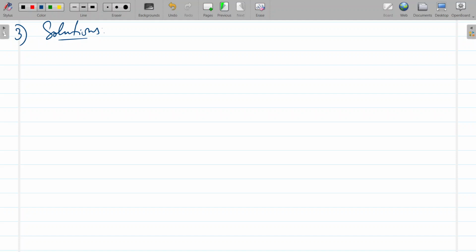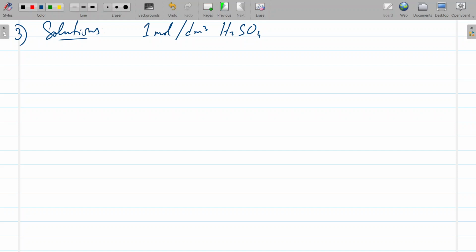Okay. So the first situation that we have is they're asking us to calculate the volume. You have 1 mole per decimeter cube of sulfuric acid. That is the concentration of sulfuric acid you have.